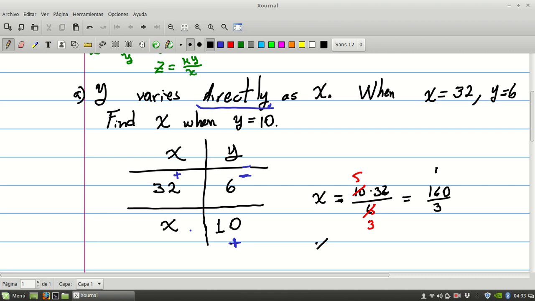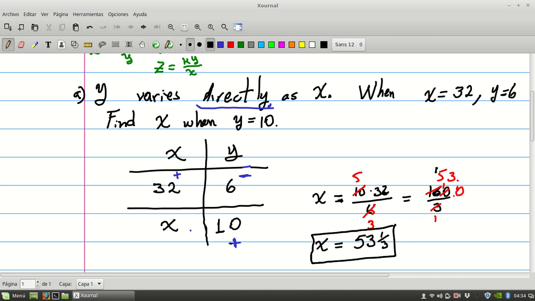Okay, so x is going to be 160 thirds. Let's do the division by 3: that is 53 and 1/3.